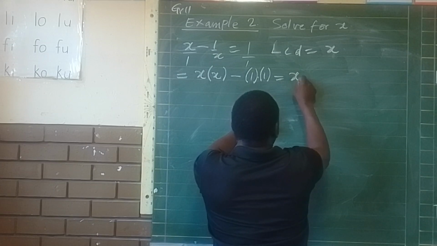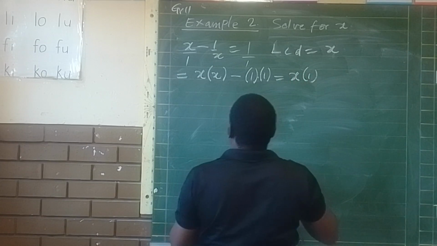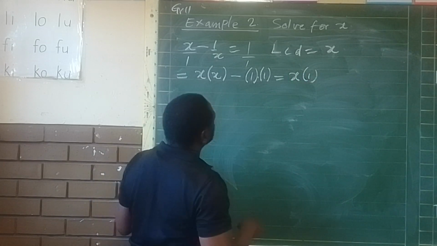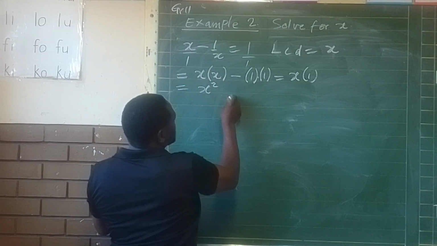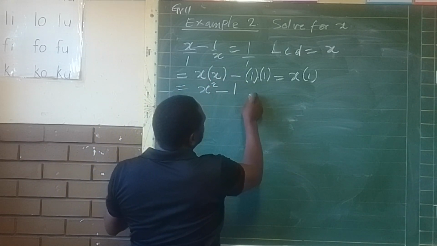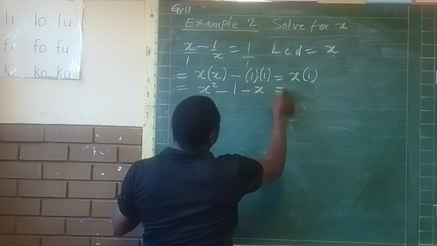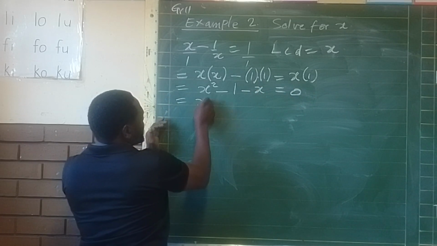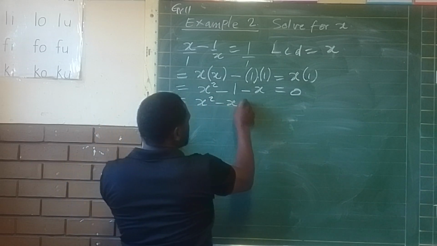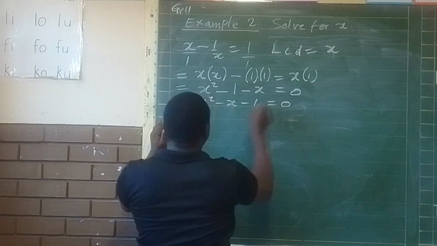It's x. X times 1 is x. X times x, it's x squared, minus 1 minus x equals to 0. Rearrange it. It's x squared minus x minus 1 equals to 0.